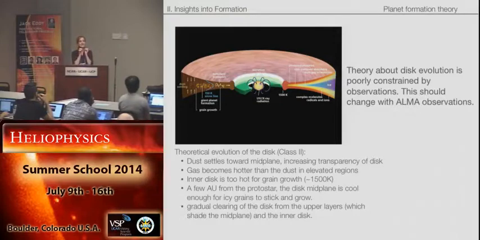There was data to suggest that there was some kind of dust around the stars. The IRAS observations showed that there was excess dust, but who knew if it was in a cocoon or shell shape or in a flattened disk. It was really in 1996, when Hubble had its glasses put on, that O'Dell and Wen had their great paper showing that yes, these are pancake-like structures that form around stars.